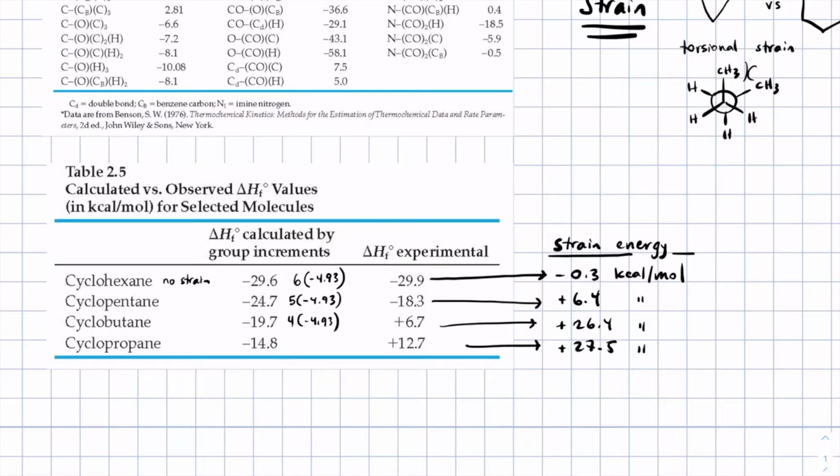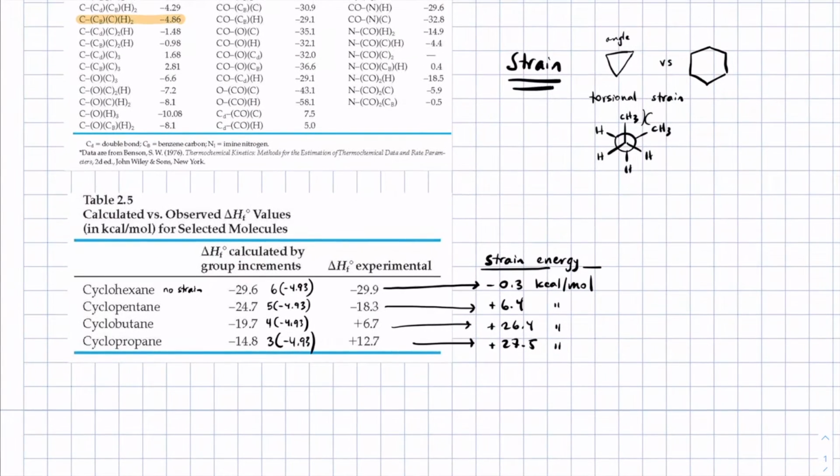And we see a similar but slightly larger amount of strain by doing the analogous calculation in comparison with experimental data for cyclopropane. All right, we'll come back to this kind of analysis, but using these group increments is a great way of estimating how strained a molecule is.